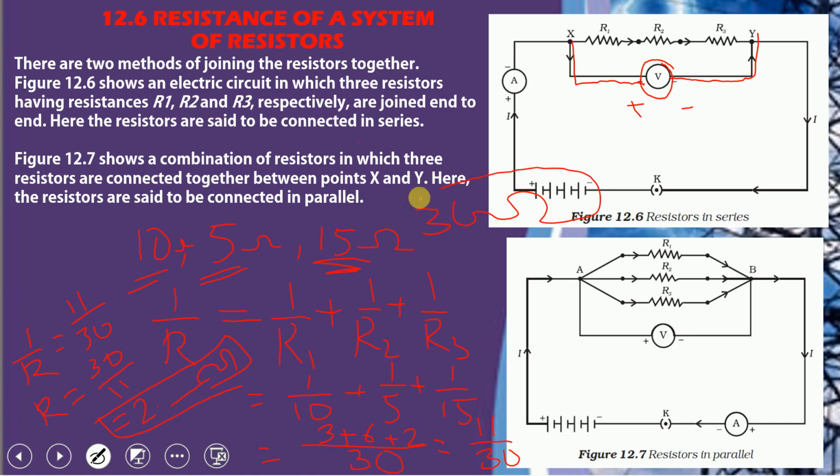So if we want to increase the resistance of the system, we have to connect in series. But when we connect the same resistances in parallel, the resultant resistance is about 2.5 ohm. So the resistance is reduced. By connecting in parallel, we can reduce the resistance of the system. So that is about resistance in series and resistance in parallel.